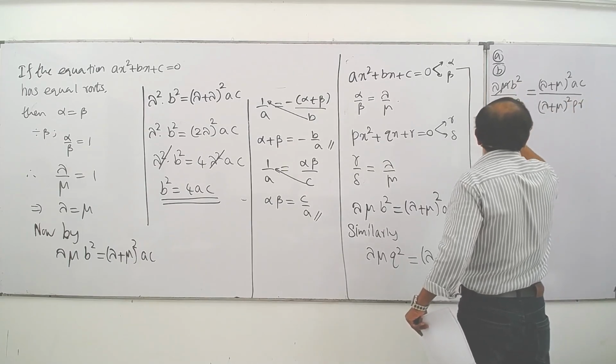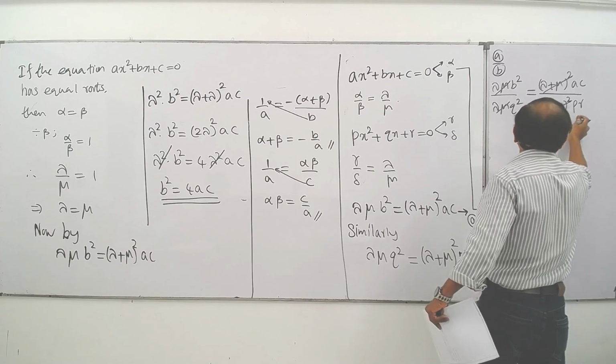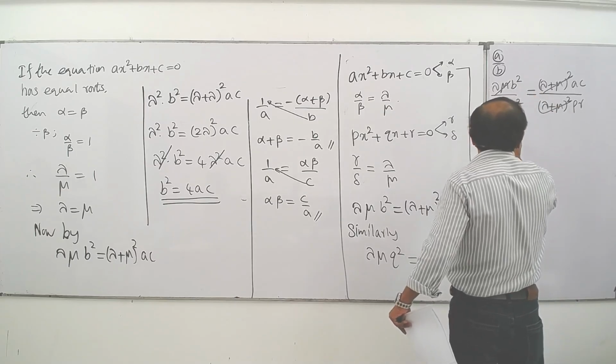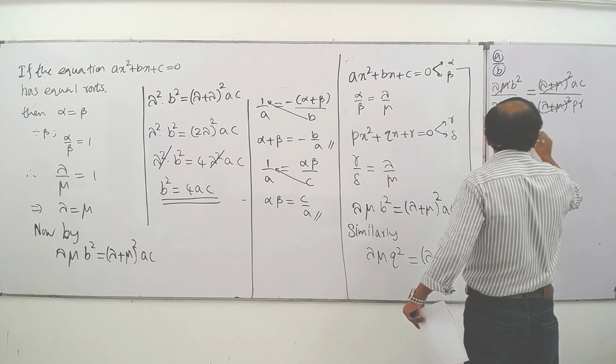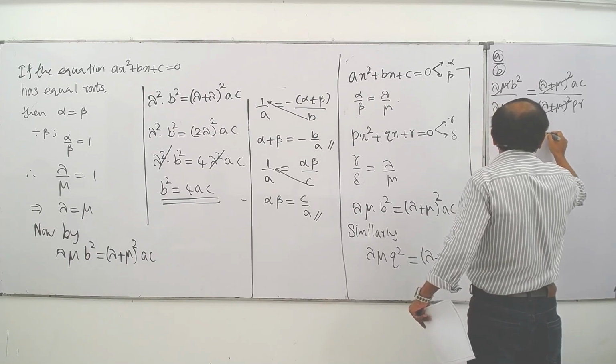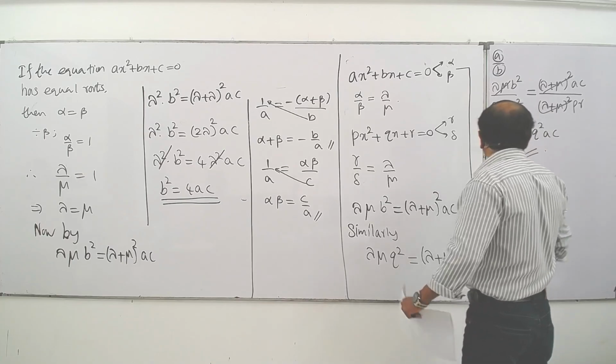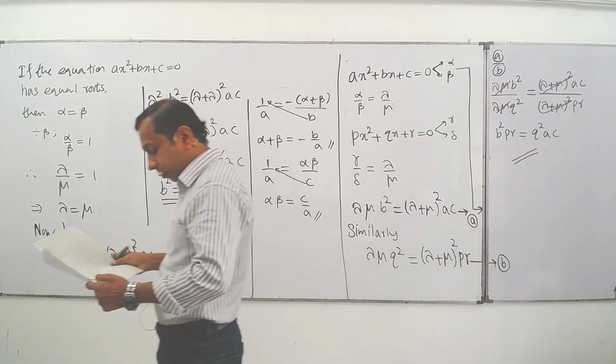Here you can cancel down this lambda mu and this lambda plus mu squared, and use cross multiplication: b squared pr equals ac q squared. This is how we get that answer.